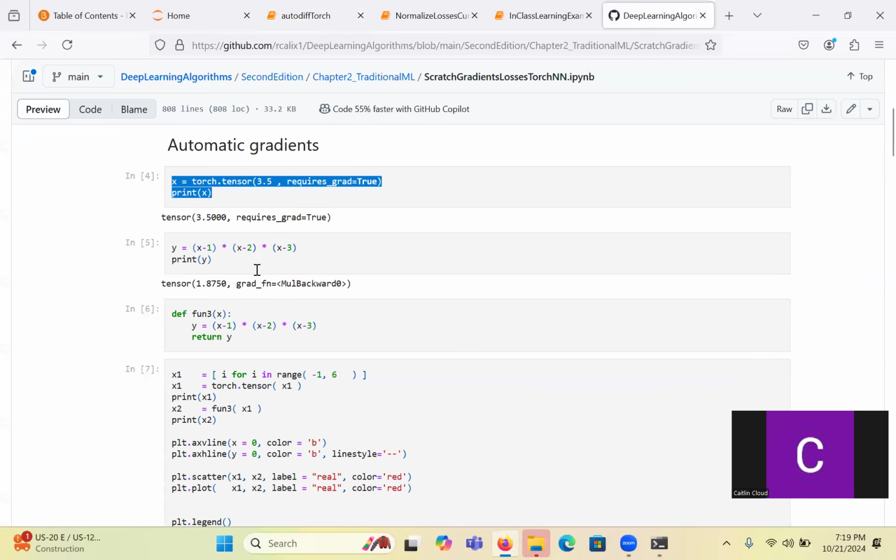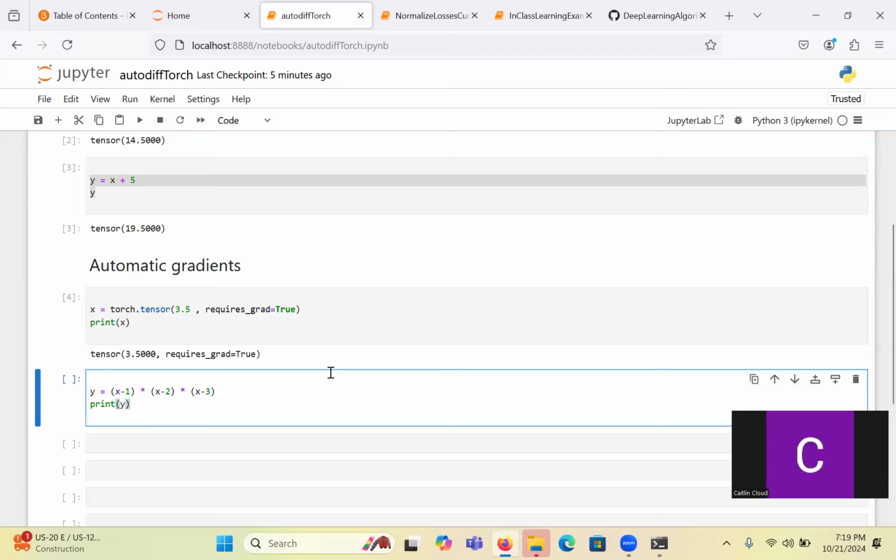Okay, so now I'm going to create an equation here. Okay, so y equals x minus 1 times x minus 2 times x minus 3. And I'm going to run my x 3.5 through it. And then what is the value of it, right?